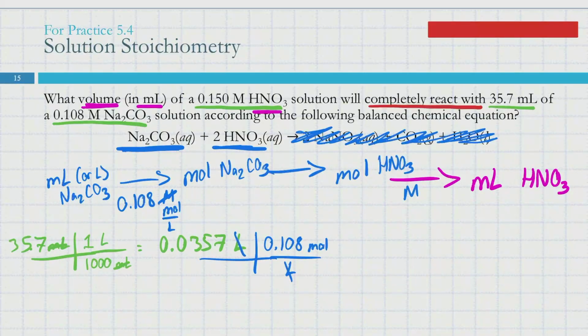So liters cancel, and I forgot to have my chemical unit in there. So the amount of moles of sodium carbonate that we have is this many. So we've got that many moles of sodium carbonate, Na2CO3.